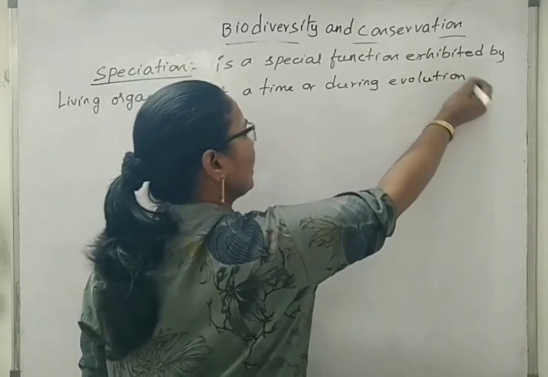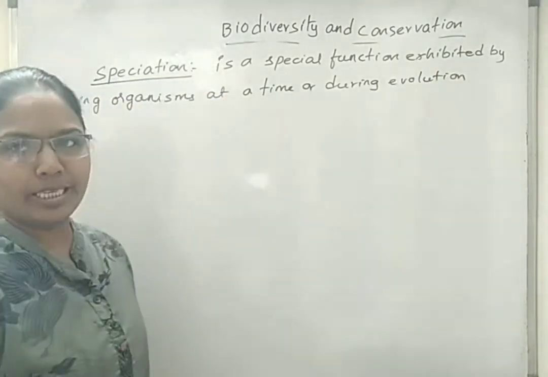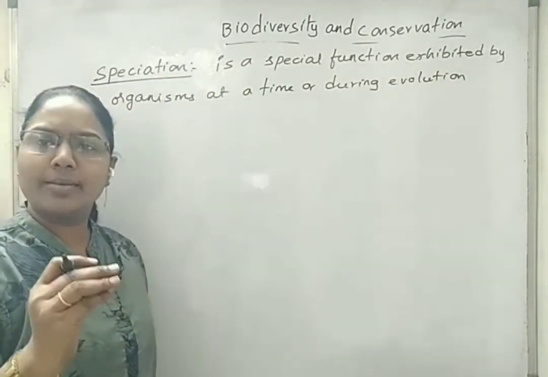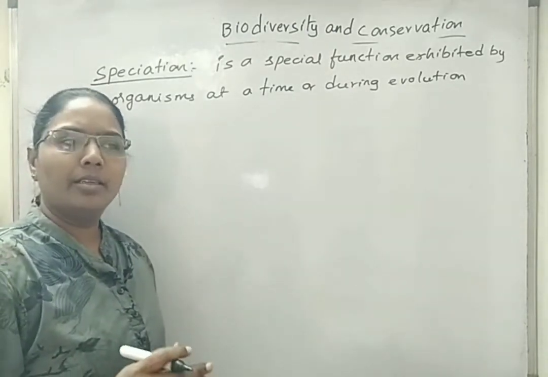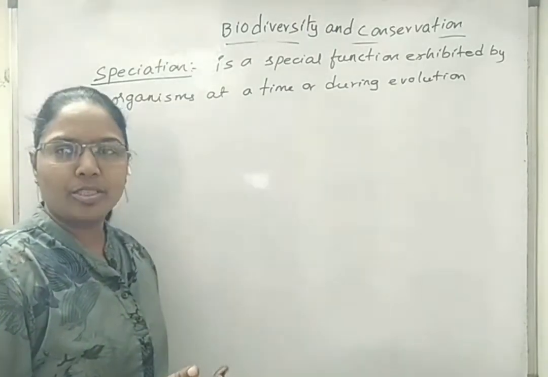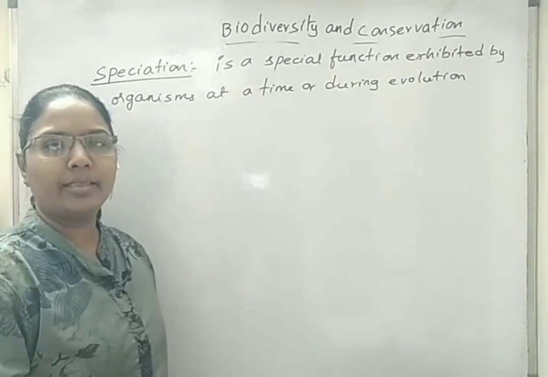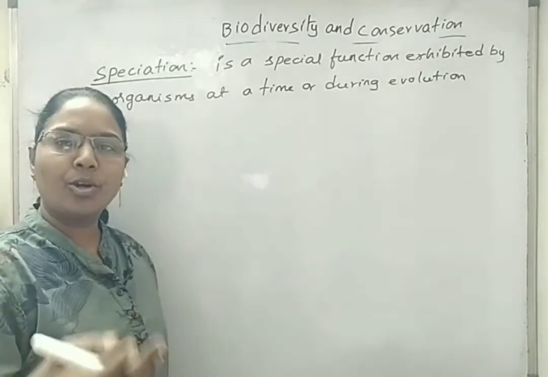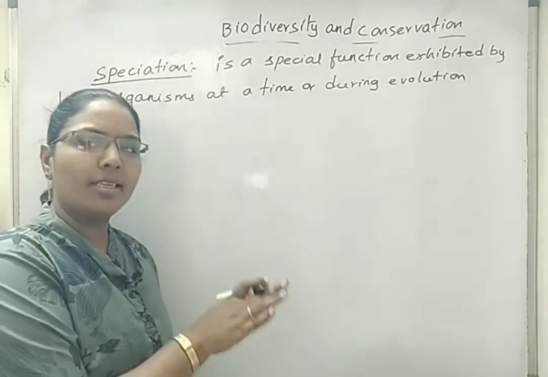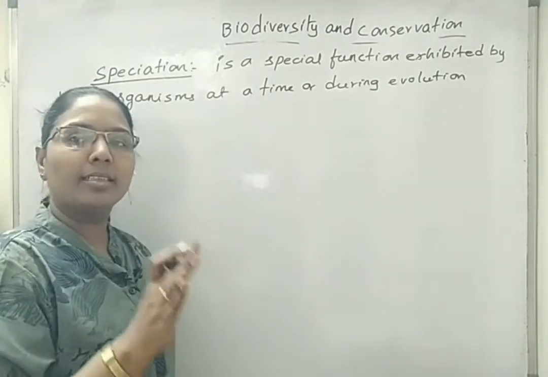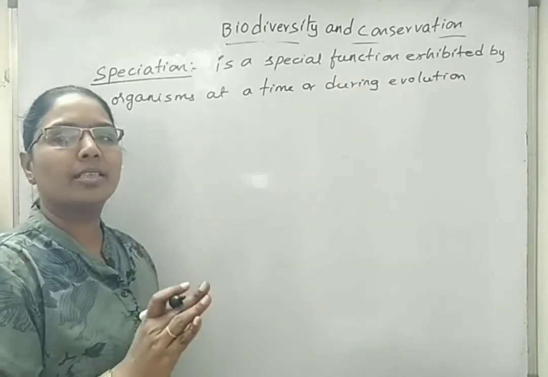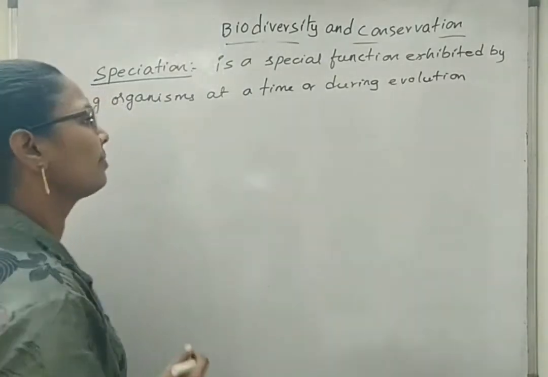Suppose you take two different organisms of the same species and they show some variations in the offspring. For example, you can take two different types of dogs to get a new hybrid variety. That new hybrid variety is not considered a new species; it is considered the same species. That condition or process is called speciation.